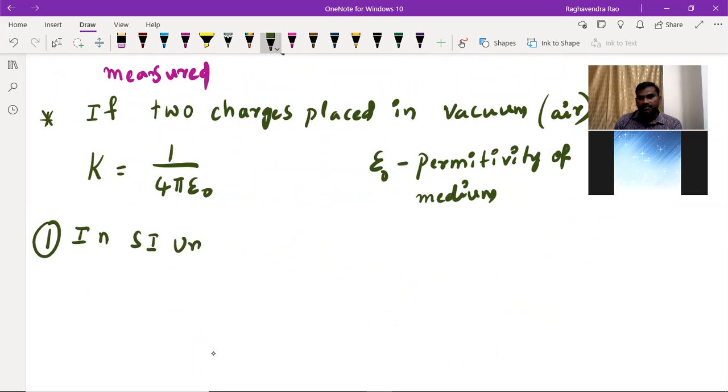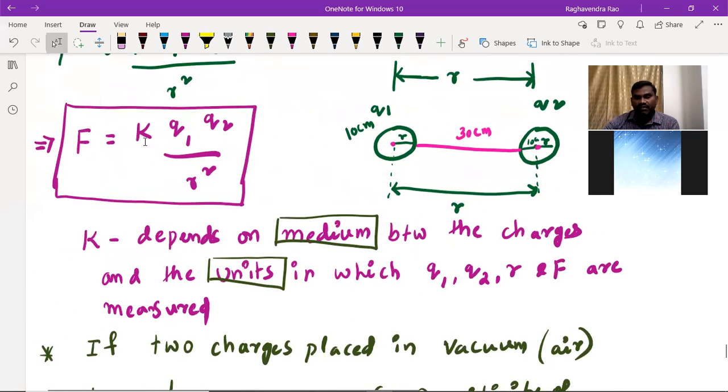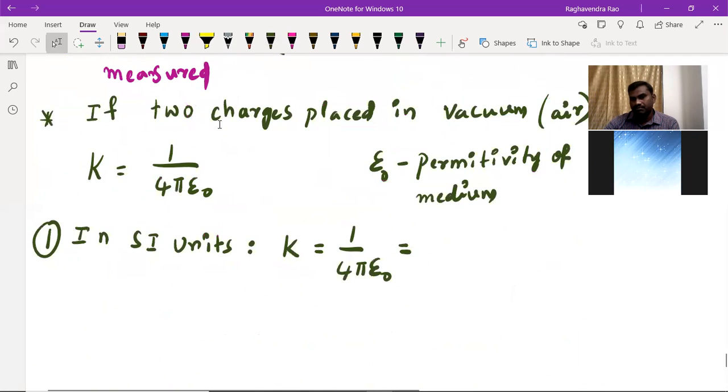In SI units, k is equal to 1 by 4 pi epsilon naught. From this expression, we can write the value of k as F r square by q1 q2.